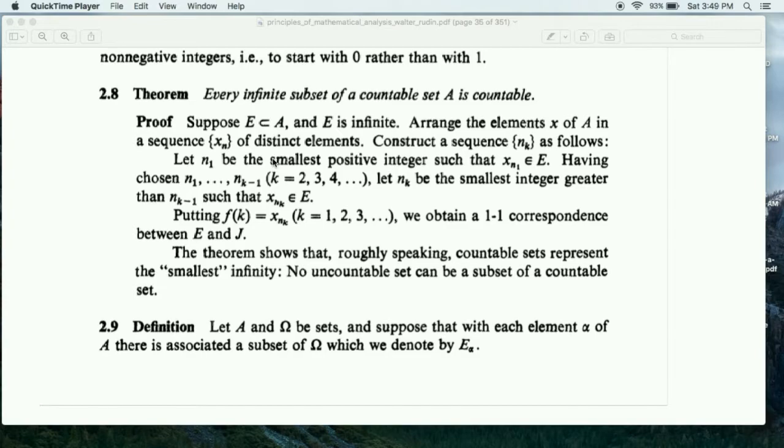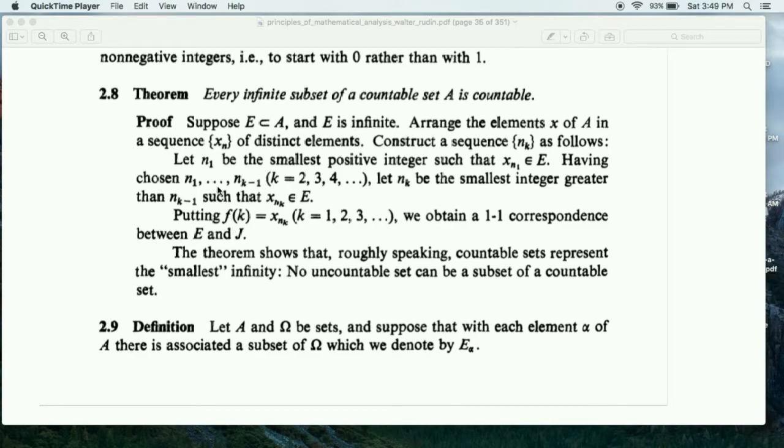Let n1 be the smallest positive integer such that xn1 is in E. Having chosen such integers n1 to nk minus 1, let nk be the smallest integer greater than nk minus 1 such that xnk is in E. Now if we put fk to be xnk, we obtain a one-to-one correspondence between E and J.